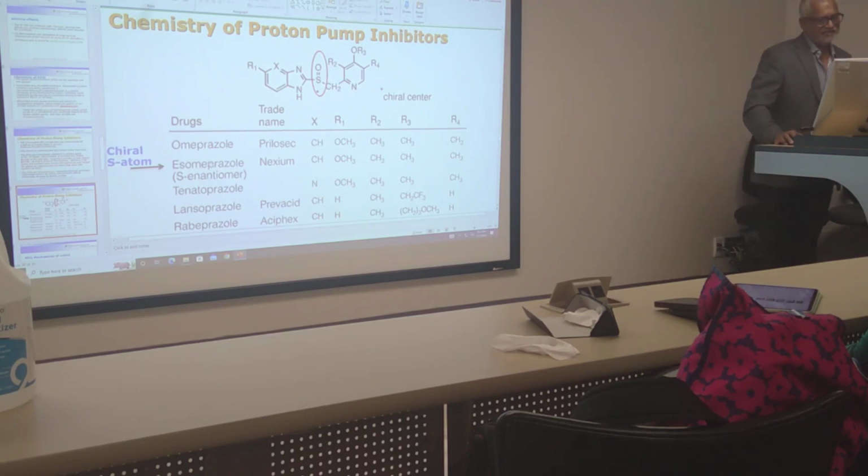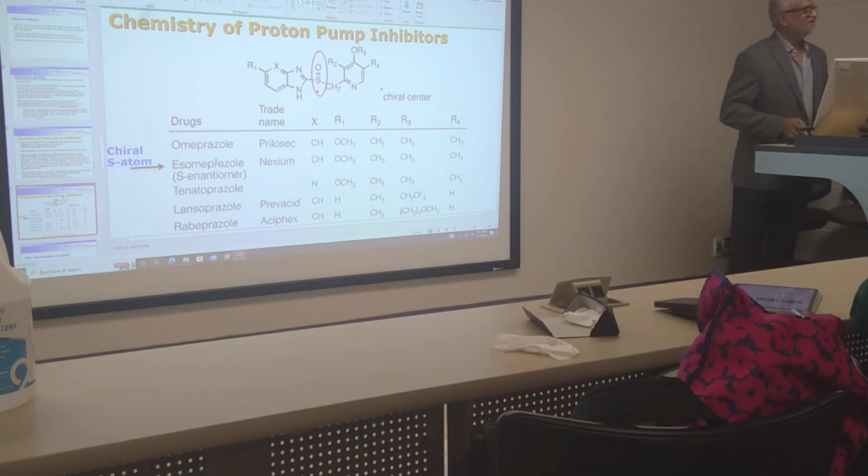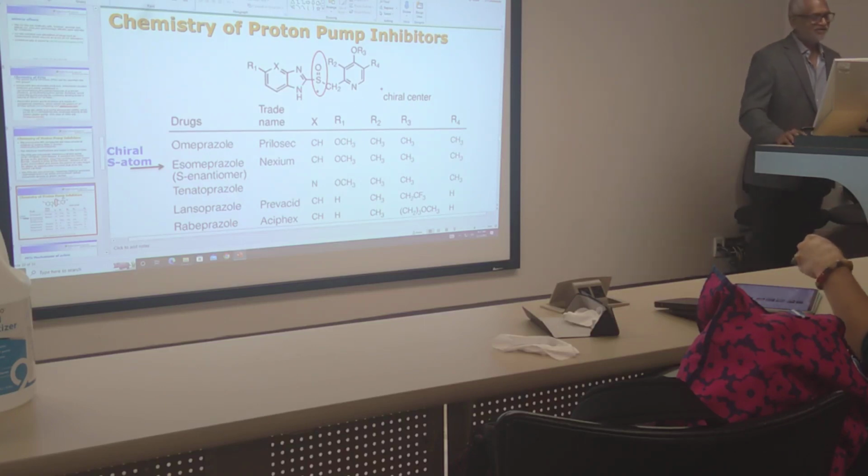This is the S enantiomer of omeprazole. When omeprazole ran out of patent, the manufacturers came up with an idea. They knew the structure. It has the racemic form, both plus and negative are there. The negative is the active compound.